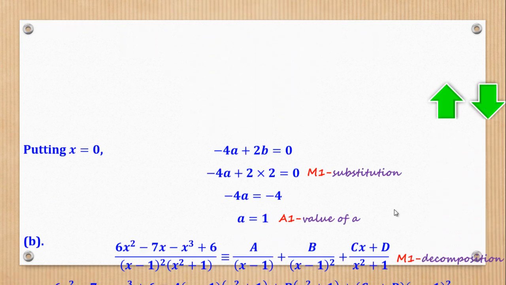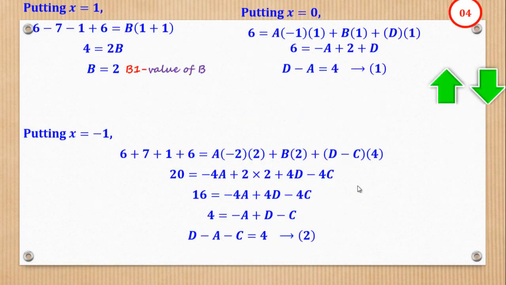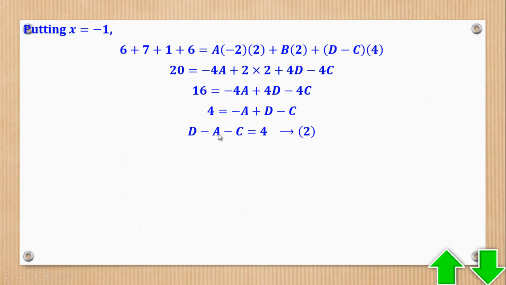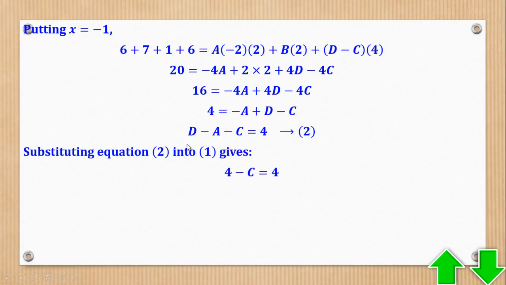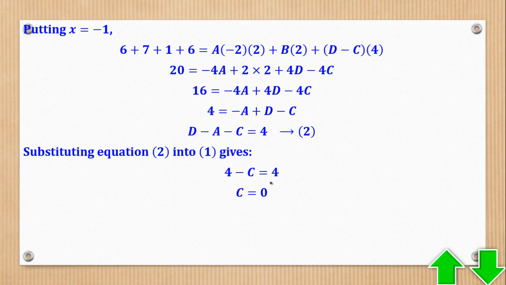This one was D minus A equal to 4. And even here, I have some D minus A. So where there is D minus A, I can put there 4. So it becomes 4 minus C equal to 4. That means I can get the value of C.